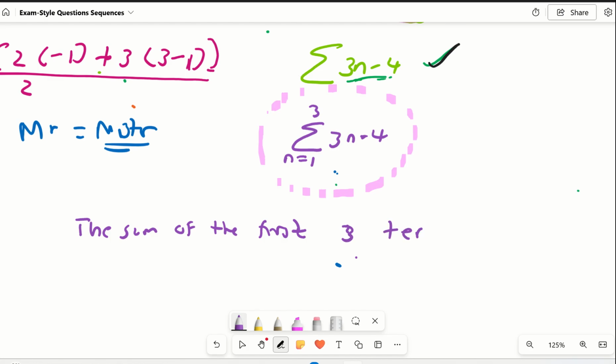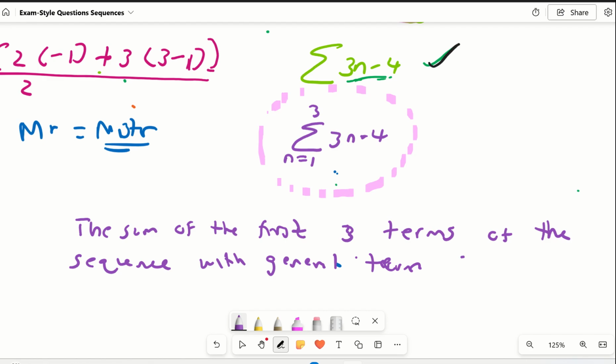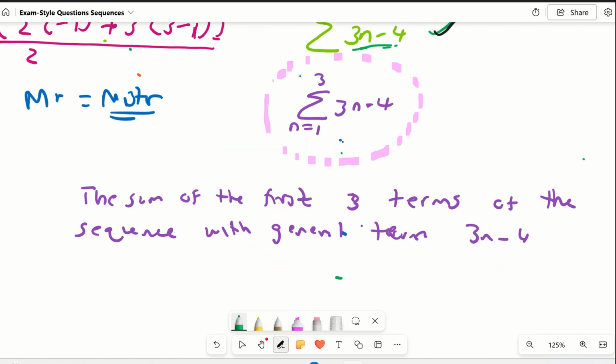I'm going to explain it in detail later. The sum of the first 3 terms of the arithmetic sequence, or of the sequence with general term 3n minus 4. What does that mean? This is what it means. The sum, you're adding the first 3 terms of this sequence with this general term there.